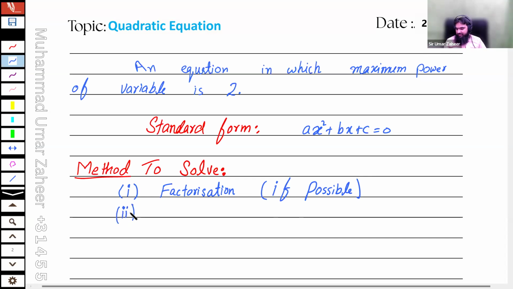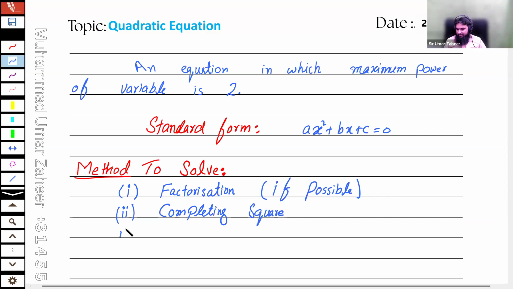The second method that you told me is completing the square. By the completing the square method, you can solve all types of quadratic equations.